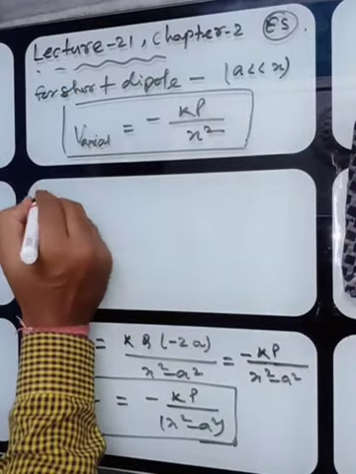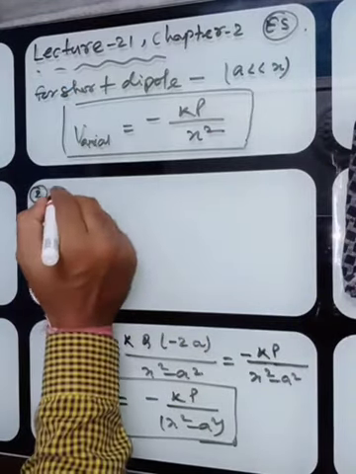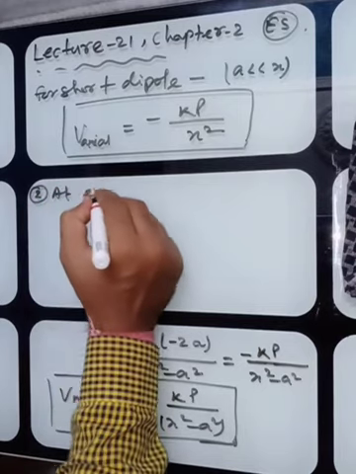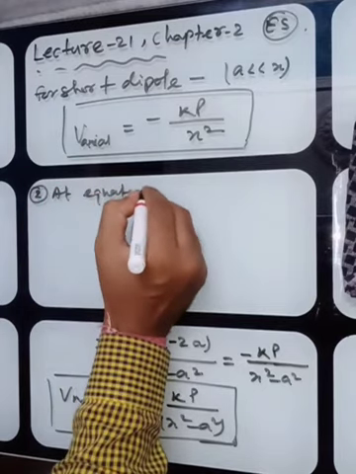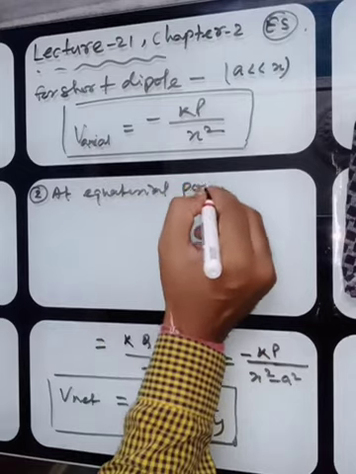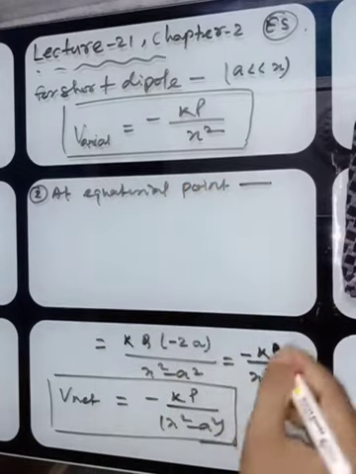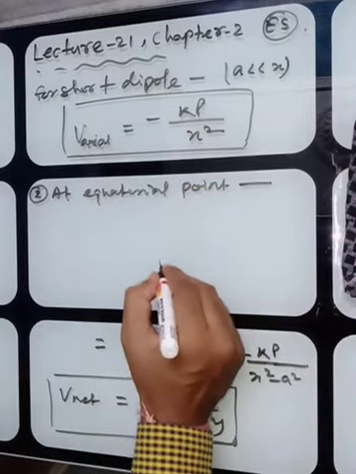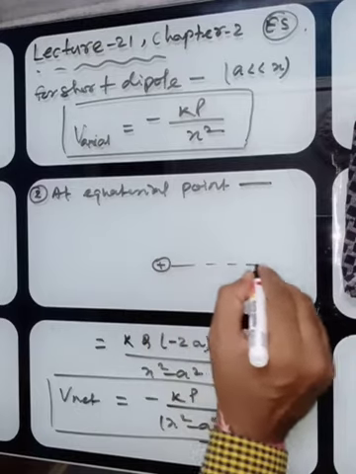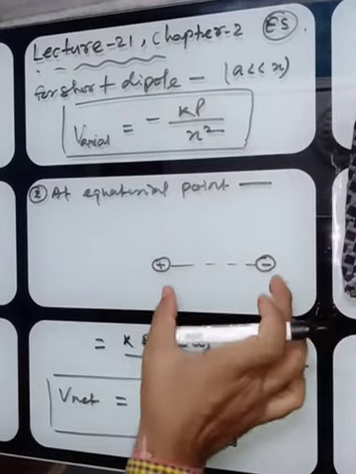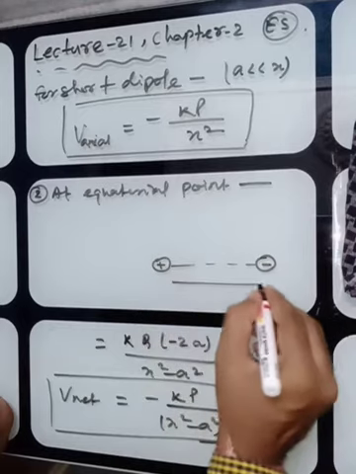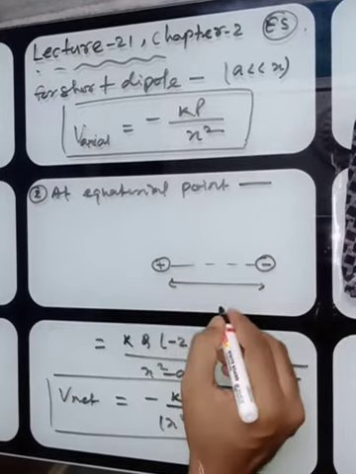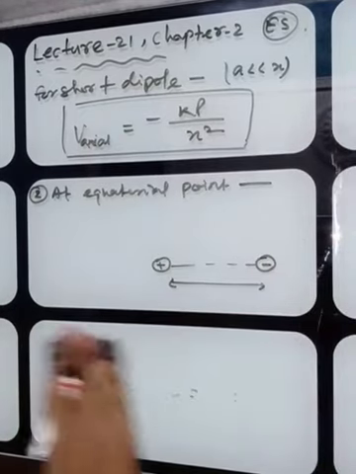Now students, we will derive the potential for the second case, at the equatorial point. This is the charge, plus and minus. It is a dipole having dipole length 2a.